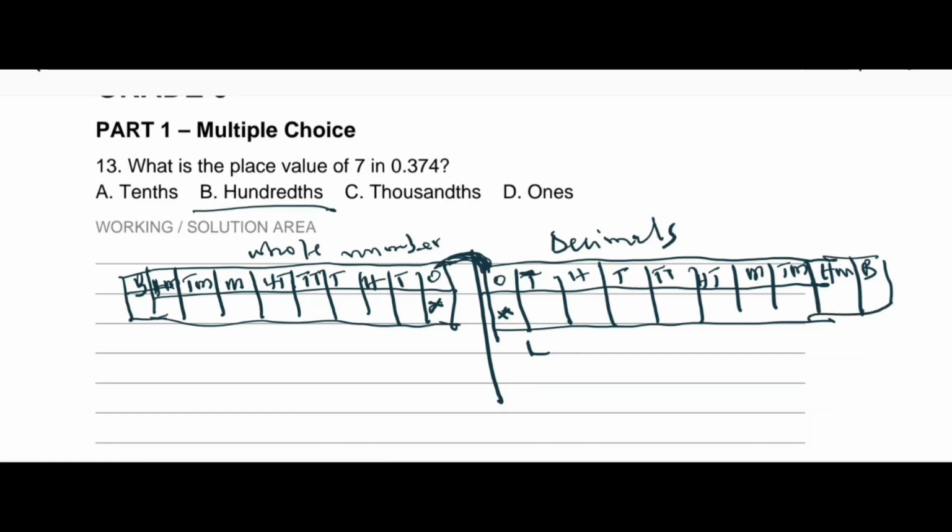So when you look at the number that we have been given, 0.374, what will be the place value for 7?